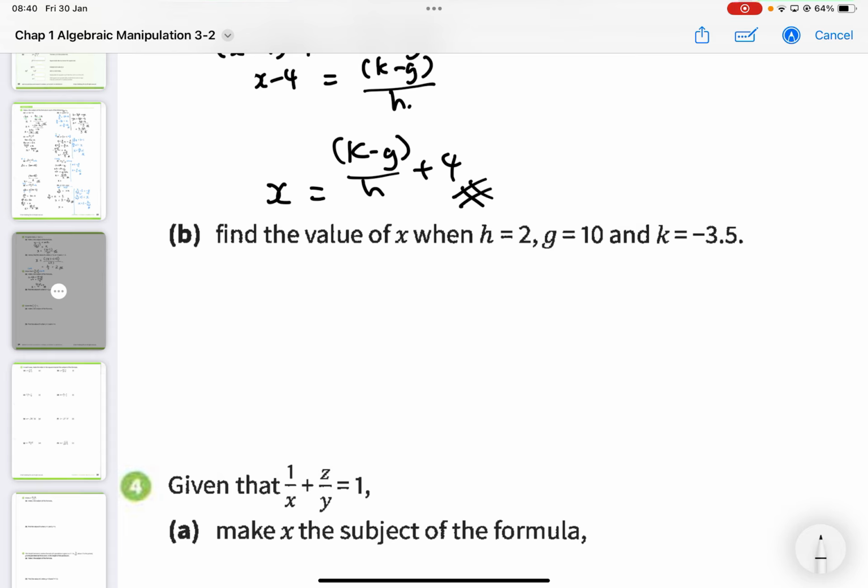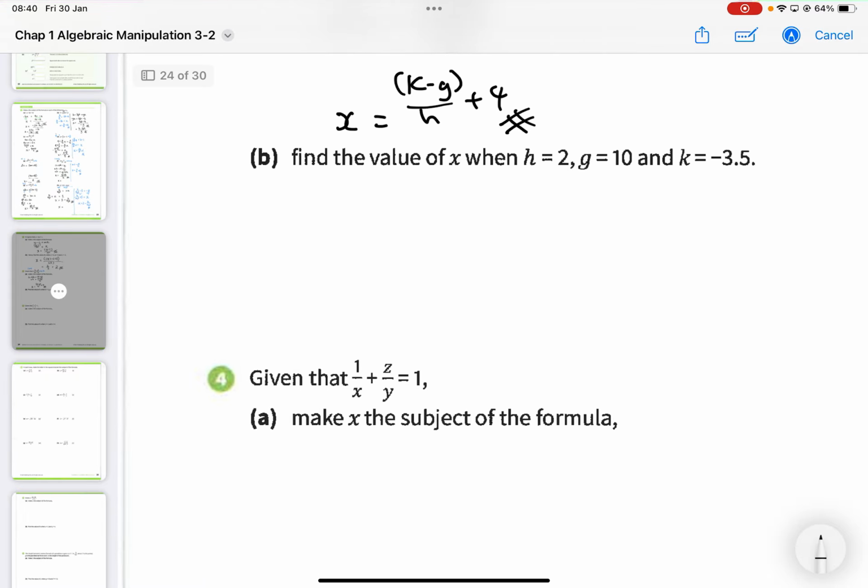Hey, puppy! Go! Substitute yourself. This one you should be able to do. Replace h with a bracket, put the 2 inside. Replace g with a bracket, put the 10 inside. Replace k with a bracket, put the negative 3.5 inside. Then after that, key everything inside the calculator.